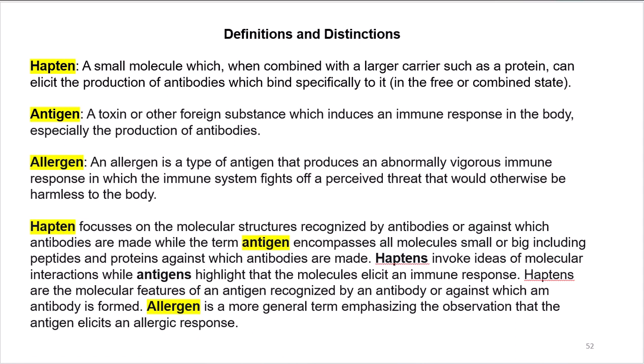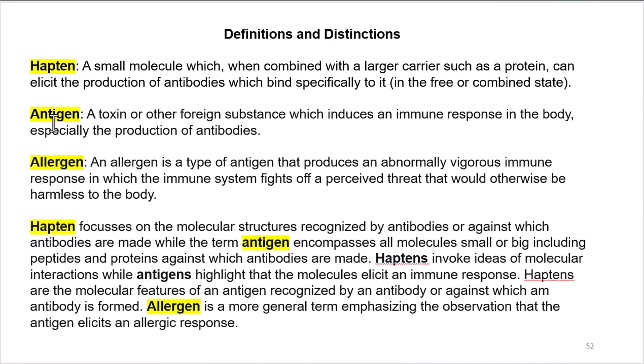It's something that's recognized by antibodies that have been made against another molecule. So you've got to be aware that the patient history matters, what food, what drugs they've been exposed to in the past, and not even drugs for the same disease. It matters what's the molecular detail, and that's the hapten.